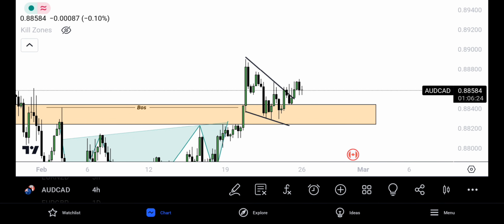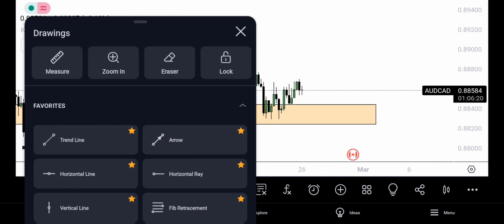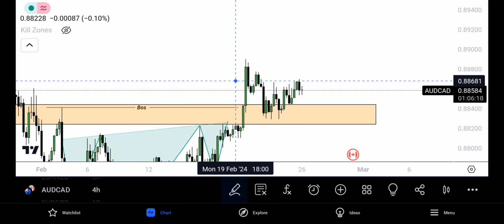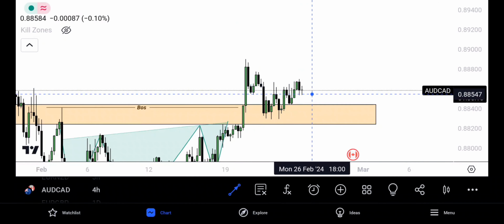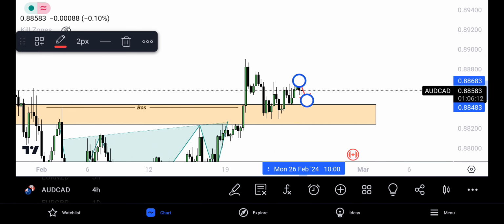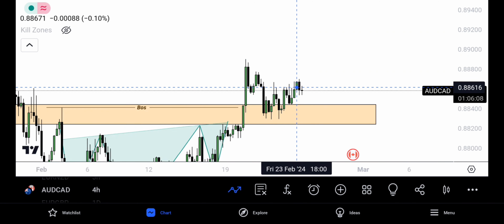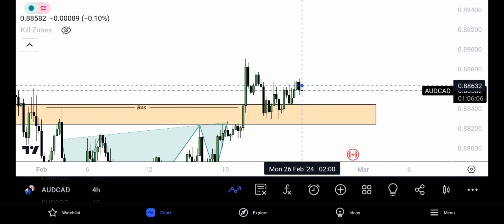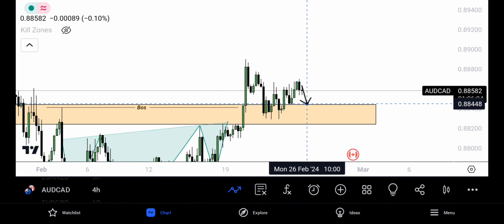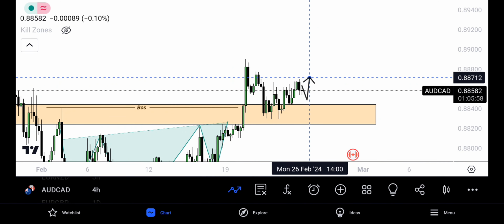So since we have seen that that's a flag, the next thing we're looking at is a retracement at this level here. So when price gets to this level here, we can start looking to buy, right? But we have to wait for extra confirmation, candlestick formation. One of the best candlestick formations you should be looking at is the engulfing candle. So when an engulfing candle appears, you're good to go.